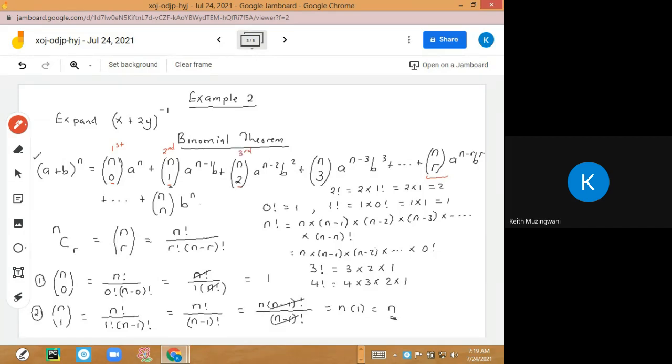The down number here is 3, the fourth term. This means that the term is ahead by 1 to the number down. So if you want to write that term, we'll say it is term r plus 1.